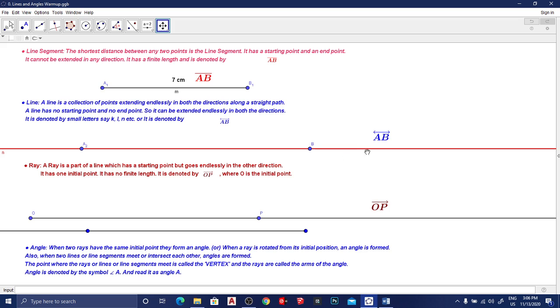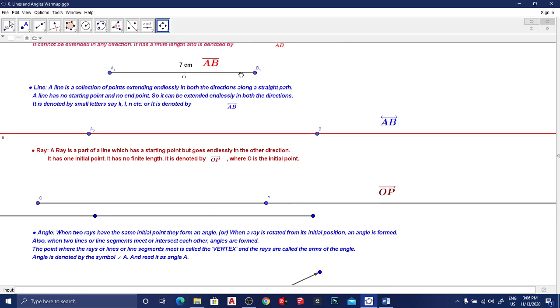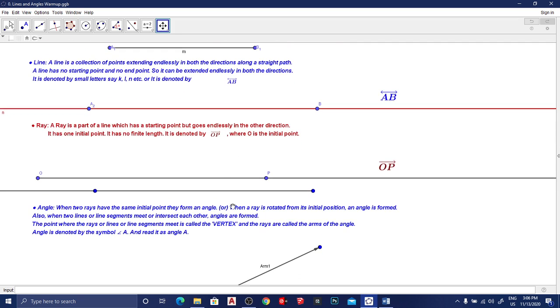It is denoted by line AB with this symbol, and a line segment is denoted by AB bar. Next is ray. A ray has a starting point but goes endlessly in the other direction, so it has infinite length, and it is denoted by ray OP like this.